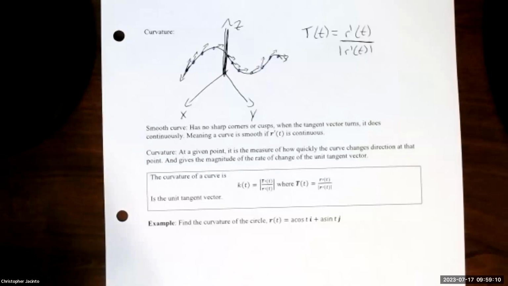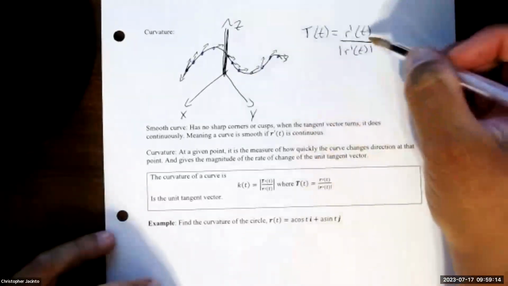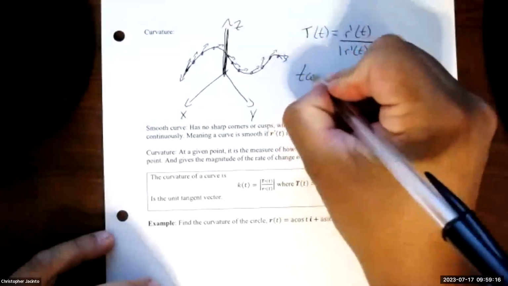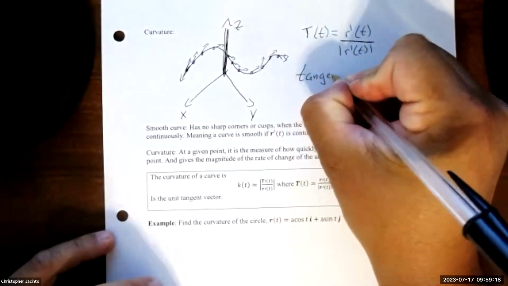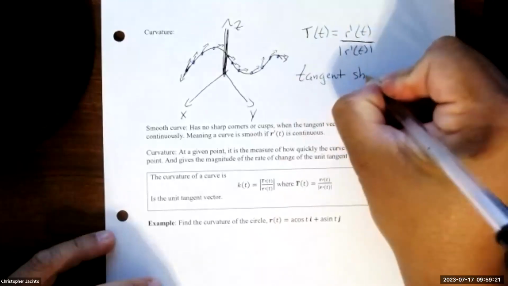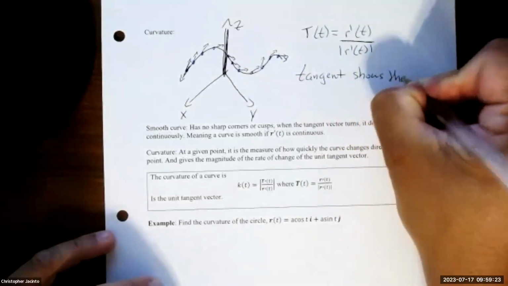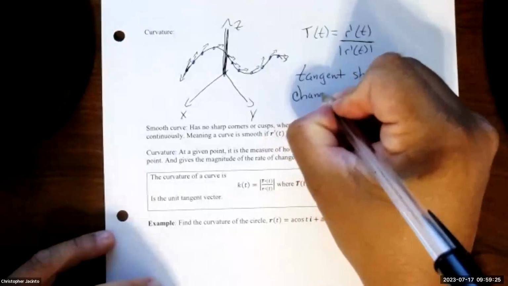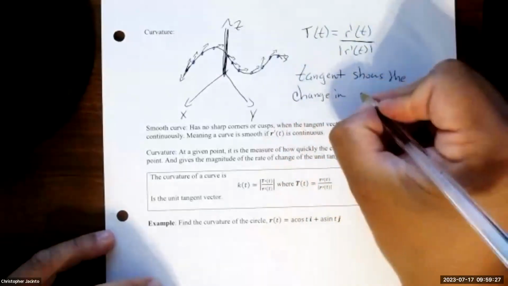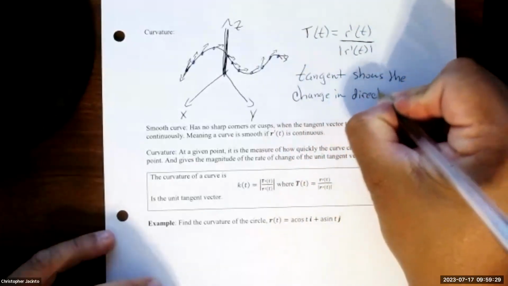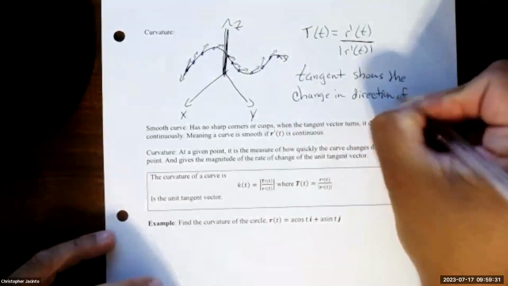That same logic comes into play here. So the unit tangent is a key thing because it tells me one very special thing: the tangent shows the change in direction of the curve.